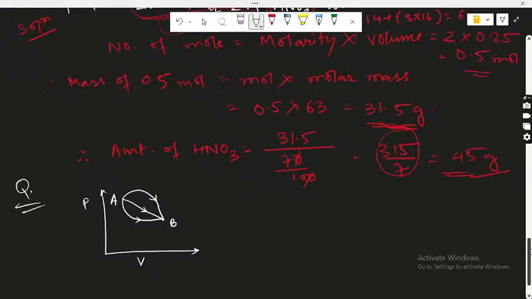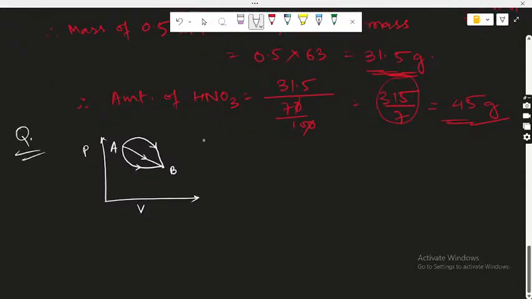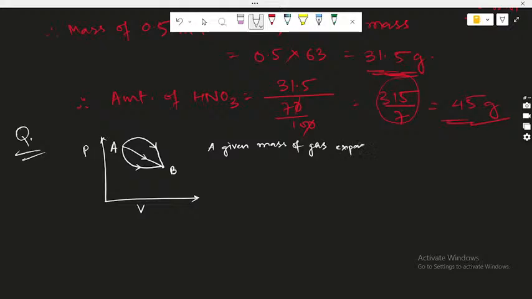I'm writing the question here. A given mass of gas expands from state A to state B by three paths 1, 2, 3 as shown.